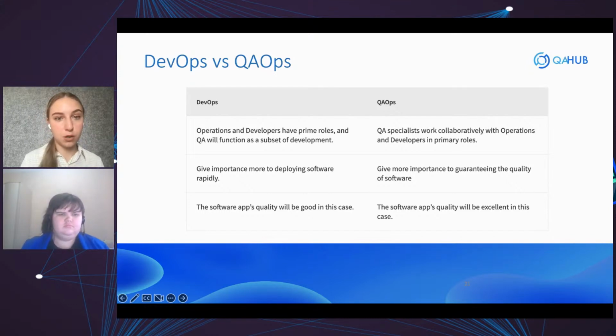It's a member of a team. QAs work collaboratively with operations and developers. There is also another difference in the idea of QAOps. The idea is to guarantee the quality of software. So it's not just to deploy software rapidly, it's about the quality. And that means that the software app's quality can be excellent in this case.